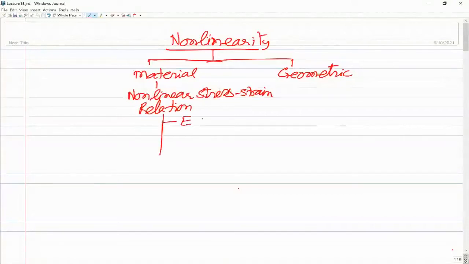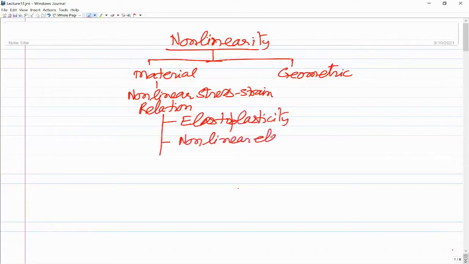One is the elastoplasticity, and the other is the nonlinear elasticity. Specifically I will be talking about hyperelasticity. So under the material nonlinearity we are going to talk of two things: elastoplasticity and the nonlinear elasticity.